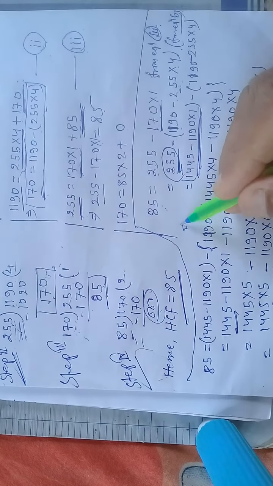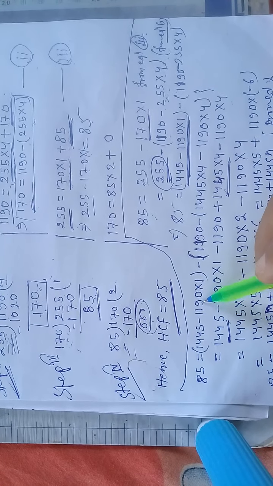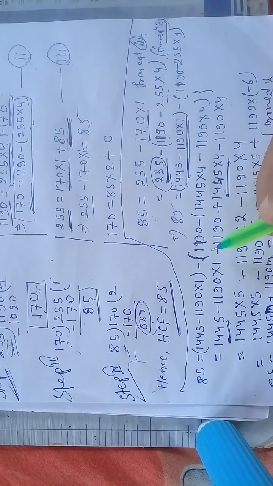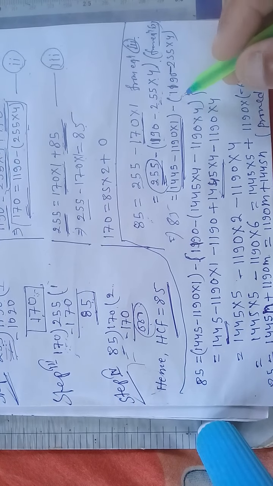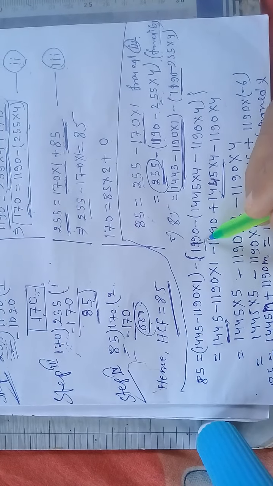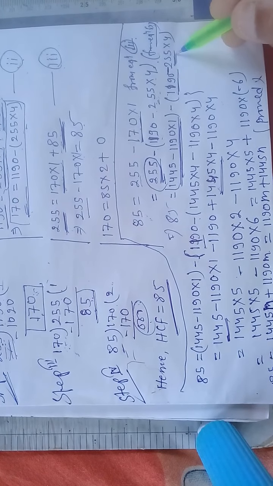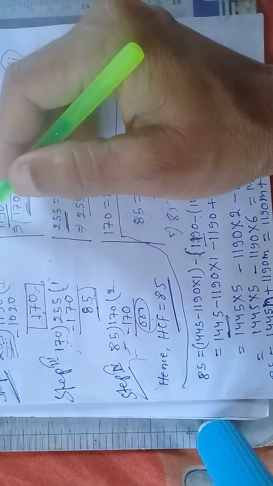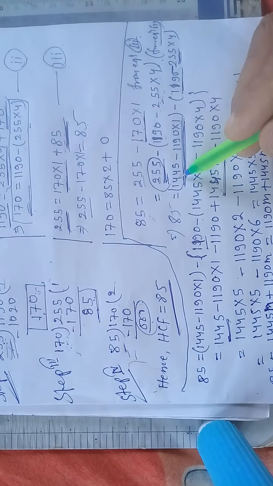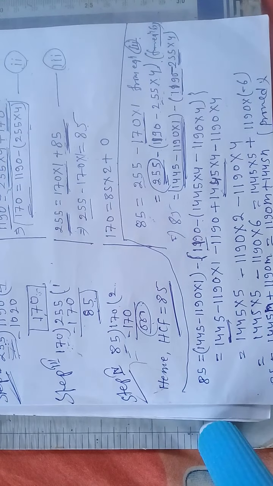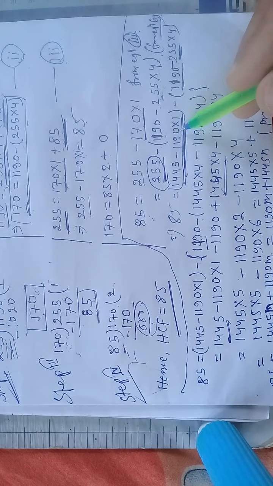Now 85 is equal to 1445 minus 1190 into 1 minus 1190, and minus 4 times the value of 255, which is 1445 minus 1190 into 1.